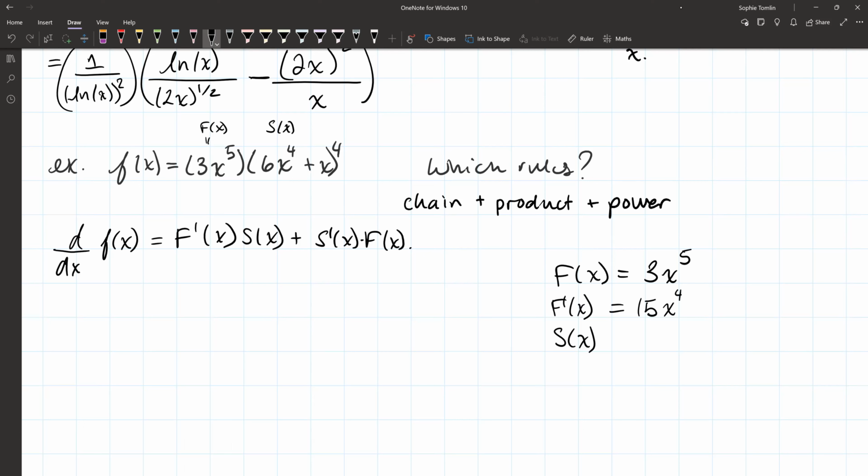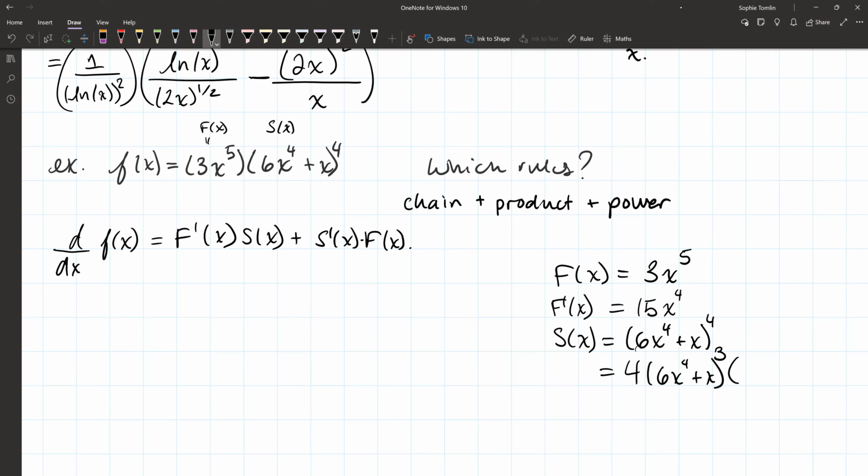And then for the second one, this one's a little bit more complicated. We have 6x to the 4 plus x, all to the 4. And so this is where the chain rule comes in. So we have this to the 4. So we bring the 4 down, and then we keep our inside untouched, and then subtract 1 from this exponent. So we get 3, and then times the derivative of this inside part.